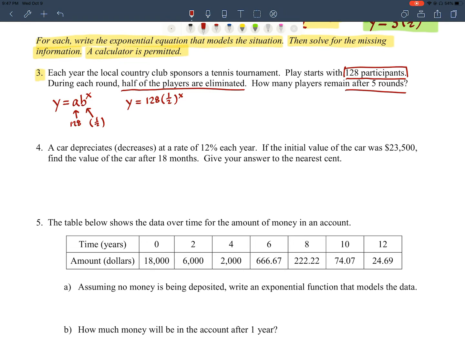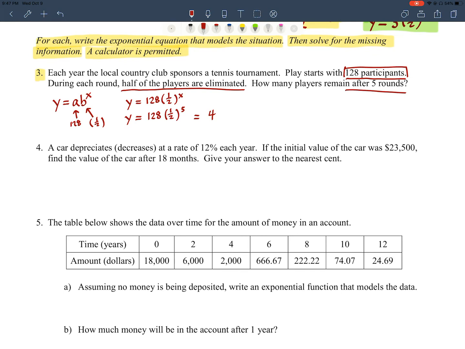Let's take this now, and we'll just plug in. y equals 128 times 1/2 to the 5th power. And you can do that on the calculator there. When I do it on my handy dandy calculator off screen here, we should get 128 times 1/2 to the 5th equals 4.